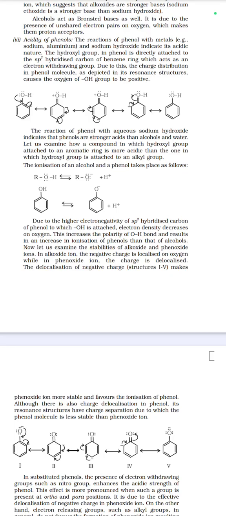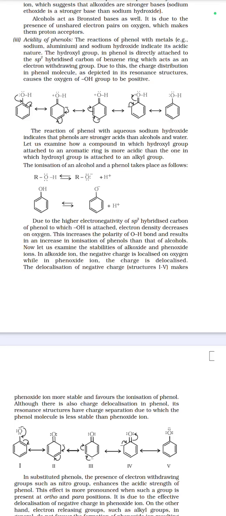Due to this, the charge distribution in the phenol molecule, as depicted in its resonance structures, causes the oxygen of the OH group to be positive. Here are the resonating structures of phenol. The reaction of phenol with aqueous sodium hydroxide indicates that phenol is a stronger acid than alcohol and water.